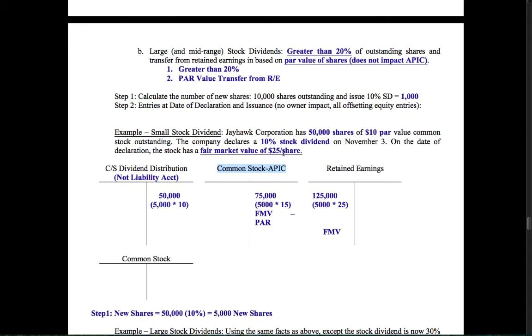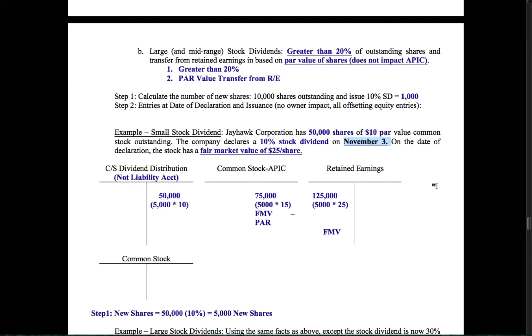These are all the entries that were made on the date of declaration. So these were all the entries that were reflected on November 3rd. Therefore, now we know what all of that is for the date of declaration. We know the date of record. There are no accounting entries made on that date for any type of dividend.